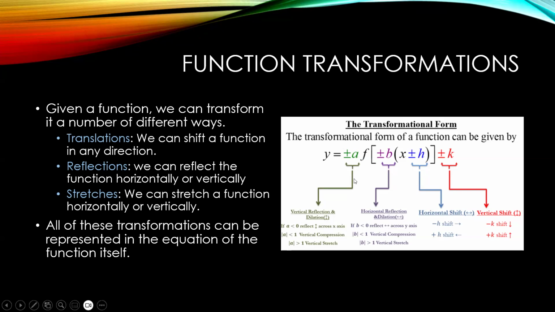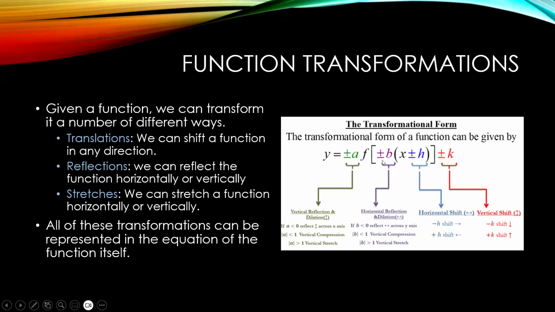If you'd like, this is the general format that you learn in Algebra 2 for how you can transform a function. And so the value in the front, if it's positive or negative, will tell you if you are reflecting in a vertical way. The A value is going to tell you how it is stretched in the vertical direction. Large values stretch it significantly, while a fractional value will compress it.